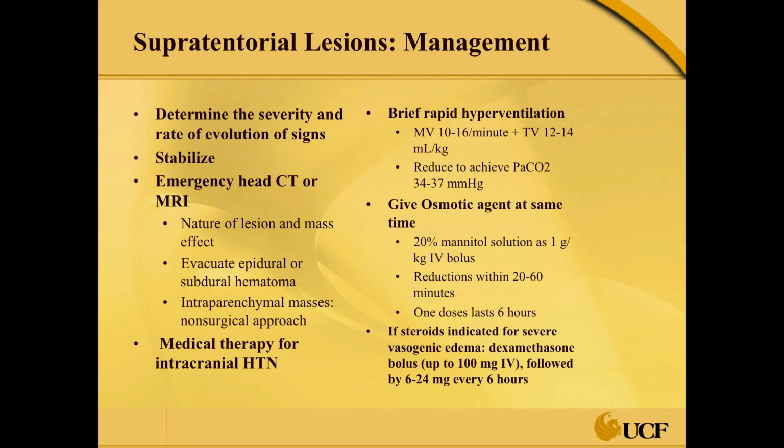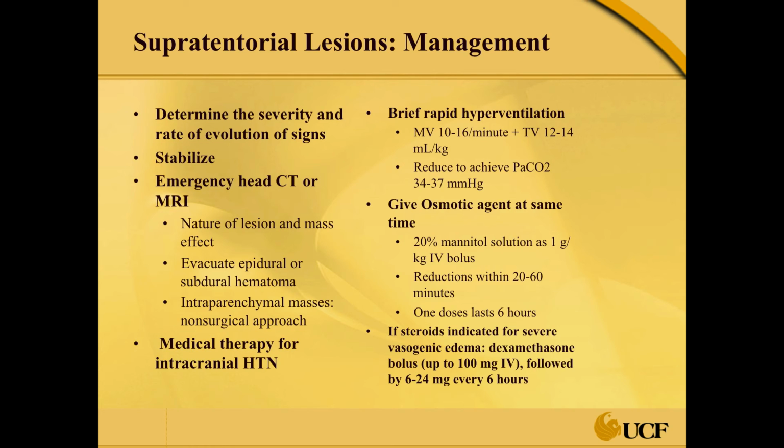Management of supratentorial lesions: determine the severity and rate of evolution, stabilize the patient, get an emergent head CT or an MRI. Remember, without contrast is the initial CT scan of choice. This can tell us the nature of the lesion and the mass effect. We can see if the patient needs to have an evacuation of an epidural or a subdural, and then if they've got an intraparenchymal mass, I don't know why I would say non-surgical approach, because some of these are going to require surgery.